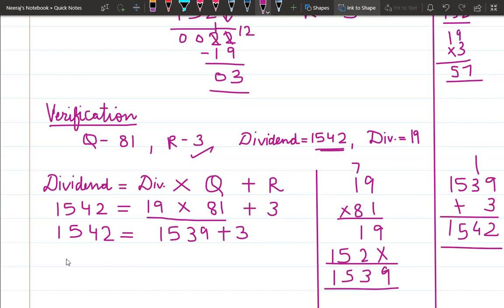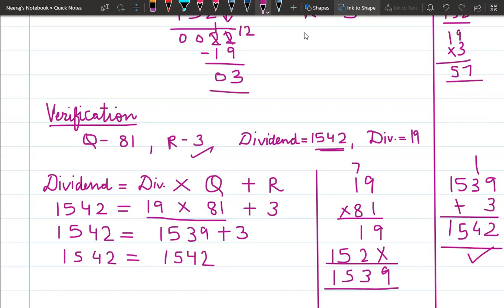So you can see that the dividend was 1542. I am going to write the dividend again. Then when I have added 1539 and 3 together, what you are getting is 1542, exactly equal to the left hand side. Children, look here. Both the numbers are the same. It means that our right hand side is equal to the left hand side.